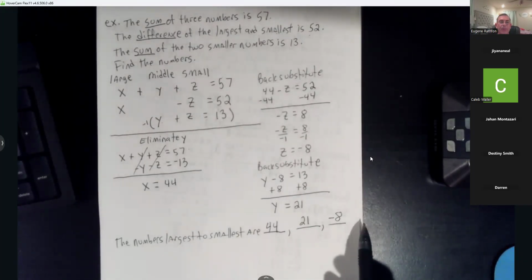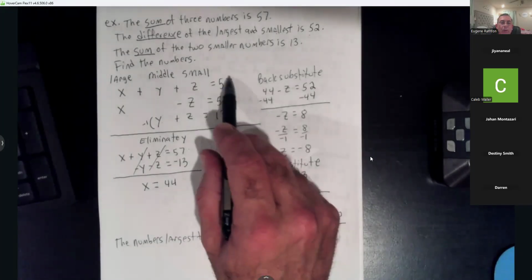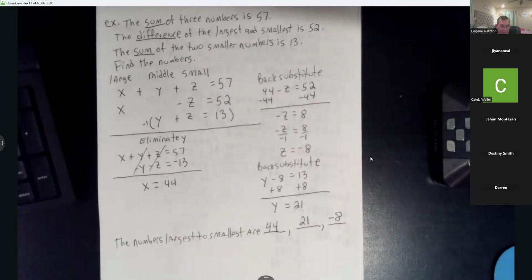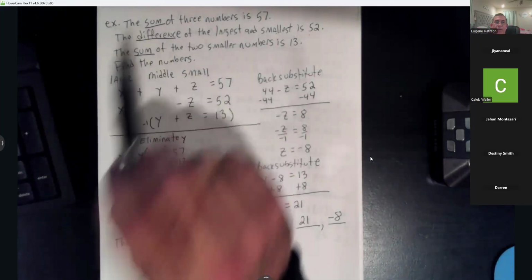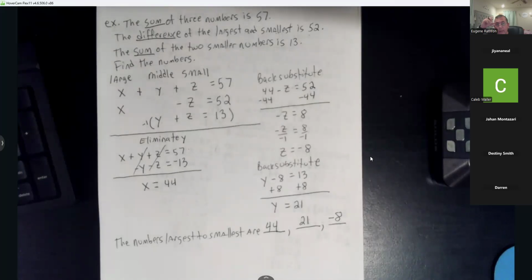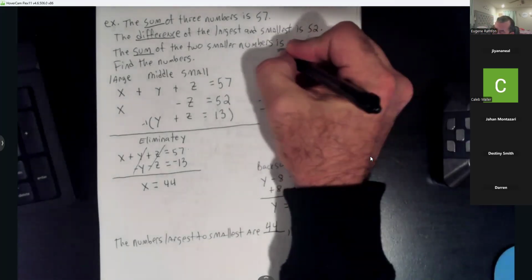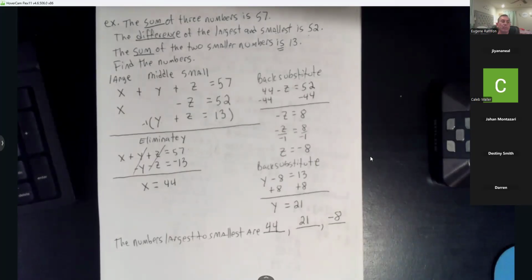Y'all, if I add these three numbers together, they will equal 57. Y'all, these aren't bad. It's just getting them equations set up and looking at these keywords like sum and difference on those, okay? And then remember, is always means the equals.